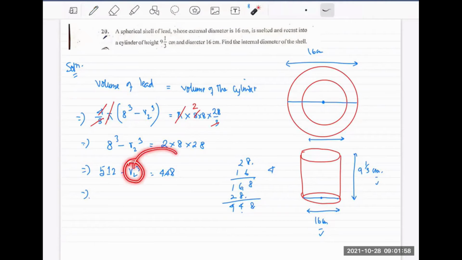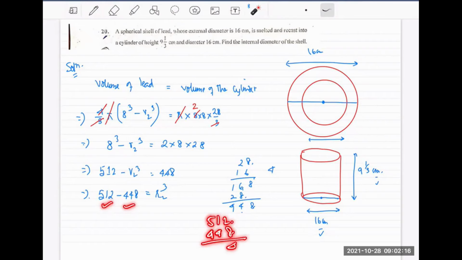Let's take away R2 cube to the other side, 448 to this side. So we are going to have 512 minus 448 is equal to R2 cube. If we subtract these two, how much is it? 512 and 448. So we have got 4 here. 7 minus 1, so we have got 6 here.